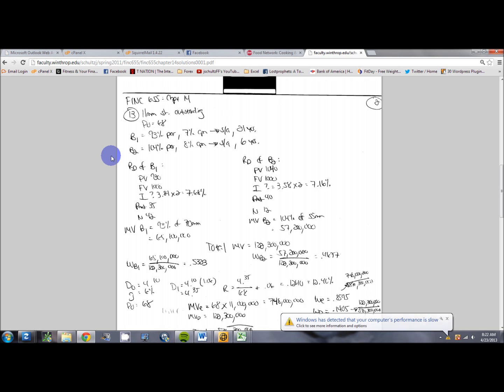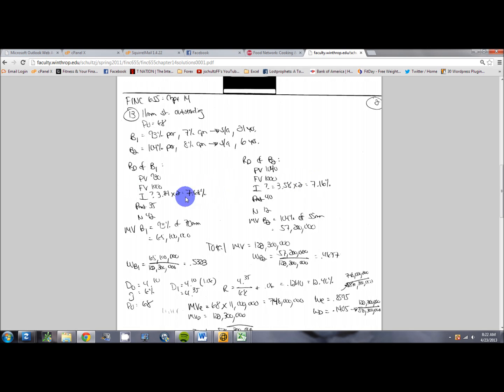You do so using the standard time value of money keys on your calculator. The yield to maturity or cost of debt for bond 1 comes out to be 7.68%, and the yield to maturity for bond 2 comes out to be 7.16%.